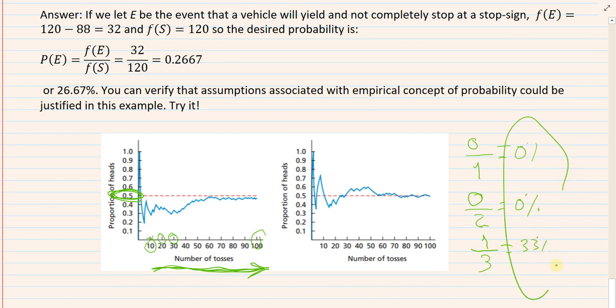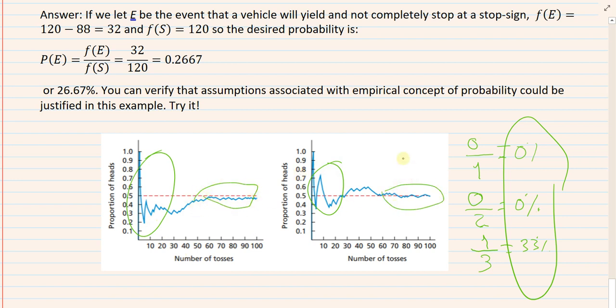Notice how probabilities fluctuate. They're not exact in that sense. They change depending on the denominator, and the denominator has to do with how many times we conducted the trial. But in both simulations here, as the number of trials increases, initially things look different, but near the end, things stabilize toward the true probability.